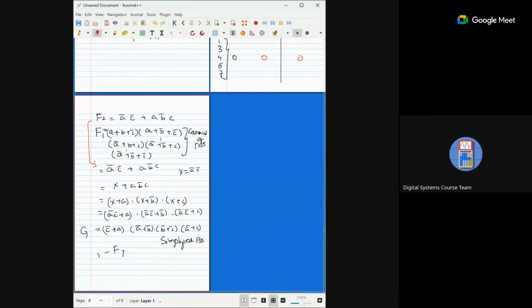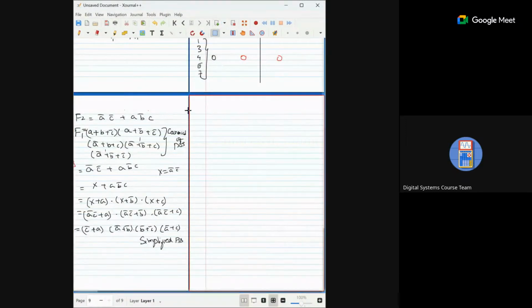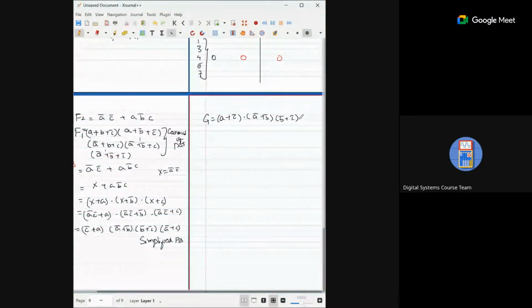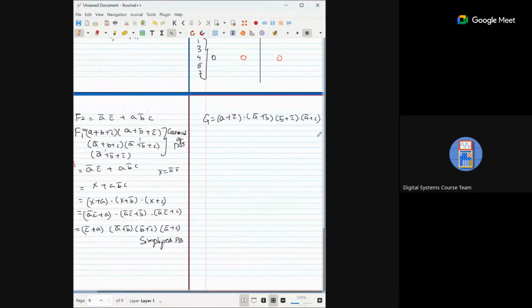So if you cross check, both are the same. I'll tell you in another example on another page. Let me write that G is equal to, so far it's okay, right, everyone? Yeah, so I can write, let me label as usual, A first: A plus C bar times A bar plus B bar times B bar plus C bar times A bar plus C. I'm rewriting the same expression.